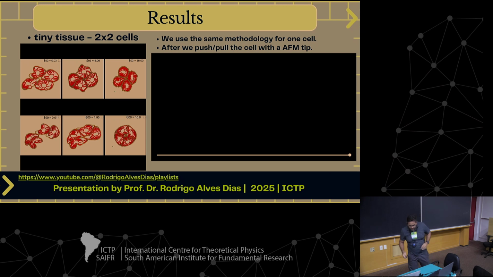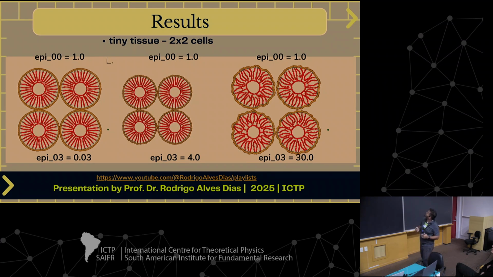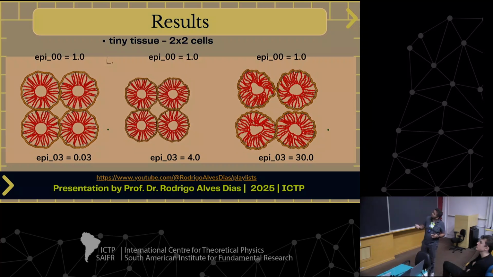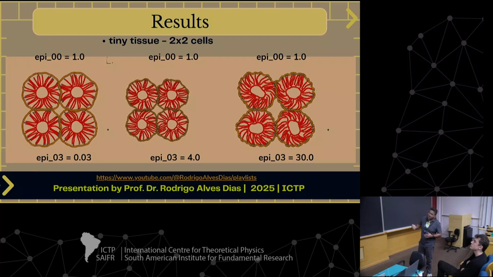And we can see that we get many kinds of cells and configurations. With this kind of parameters, the cell is not connected. This is a very connected one.